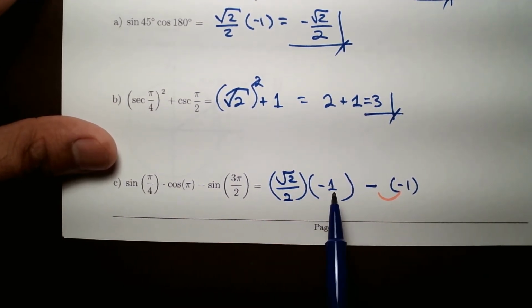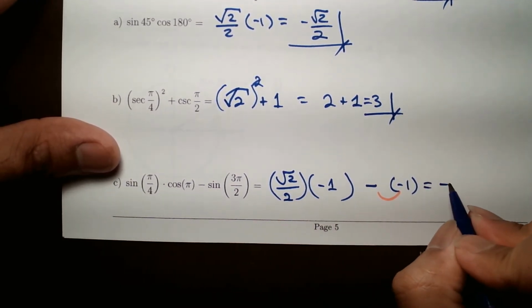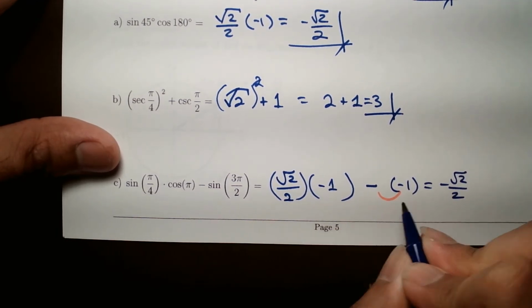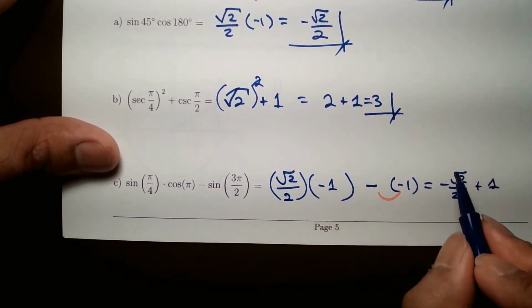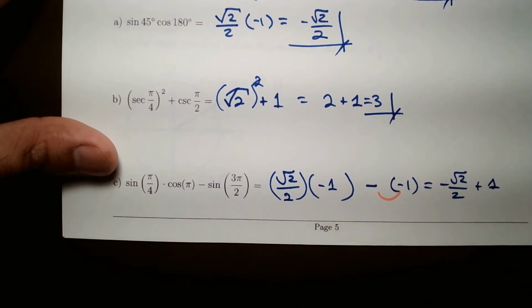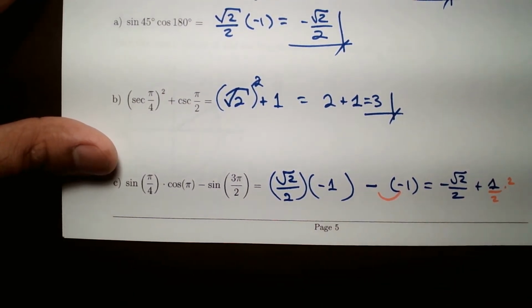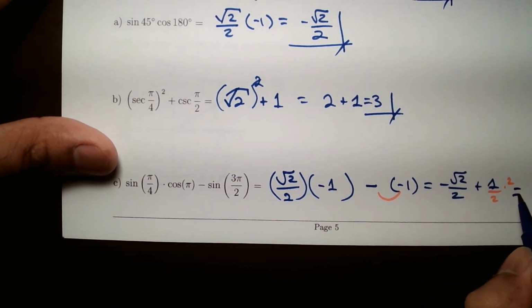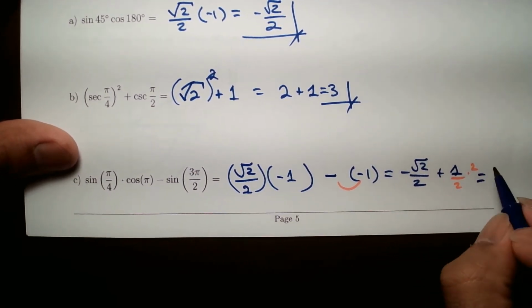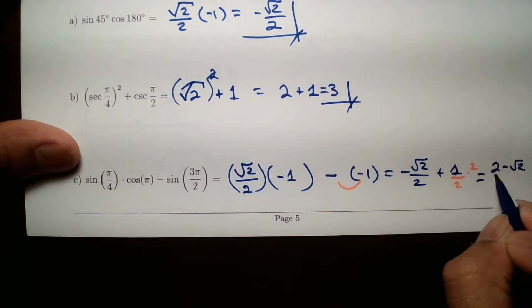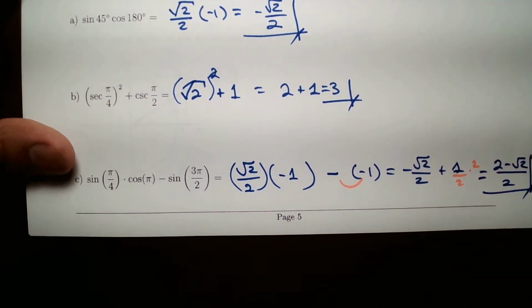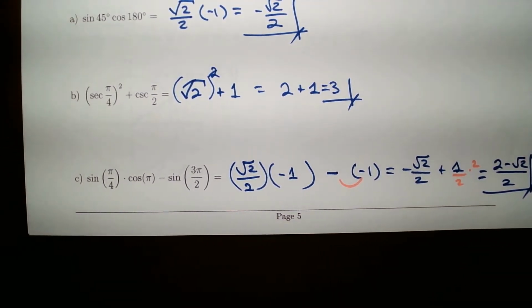And positive times a negative is negative root of 2 over 2 plus 1. We cannot essentially combine this unless you want to combine this by multiplying by the LCD. And that's going to give us simply 2 minus root of 2 over 2. Final answer for these guys.